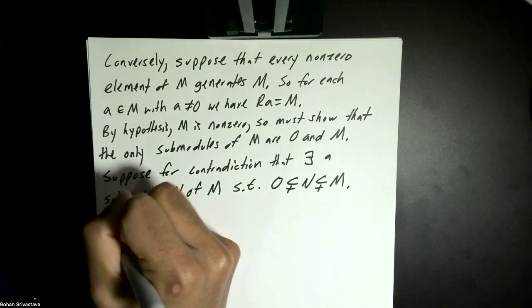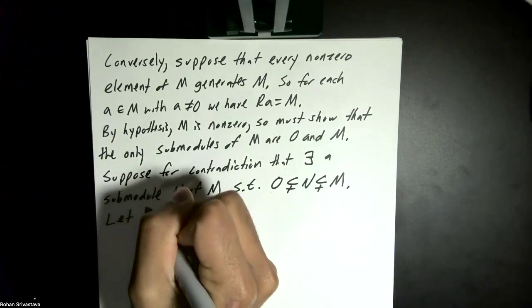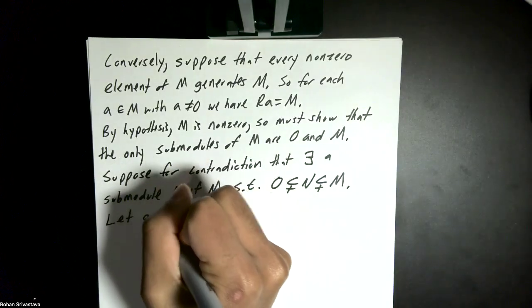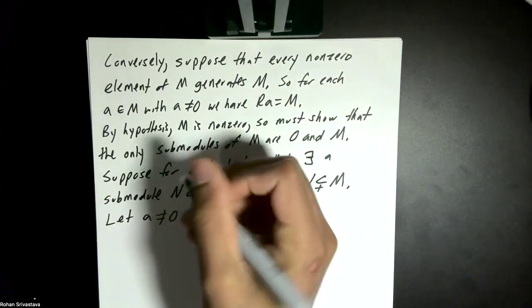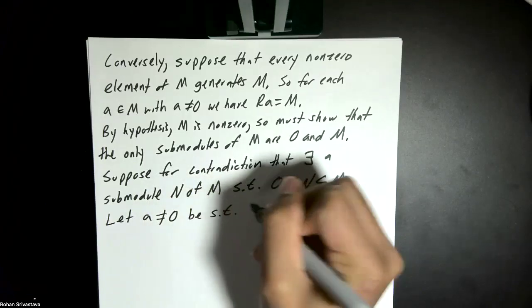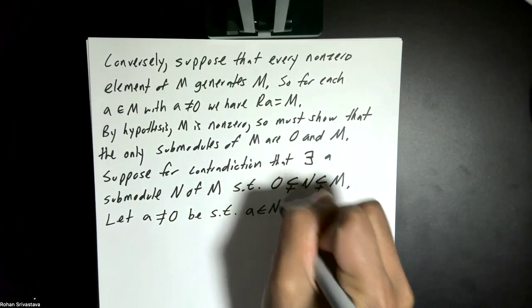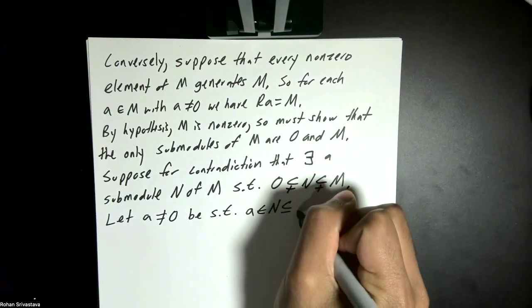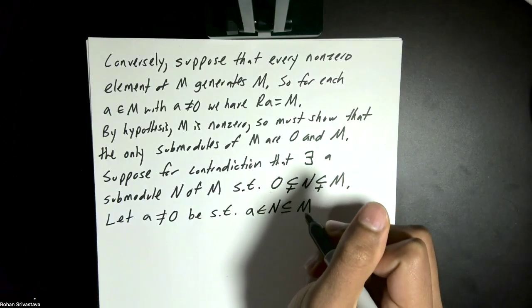Well, N is not the zero submodule, so let A be a non-zero element of N, which is a subset of M.